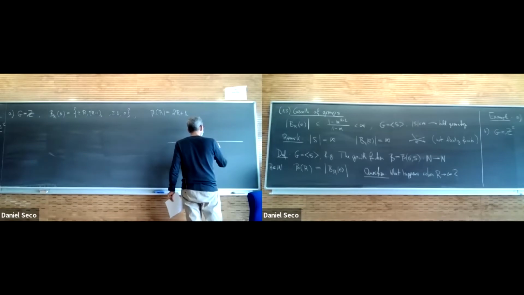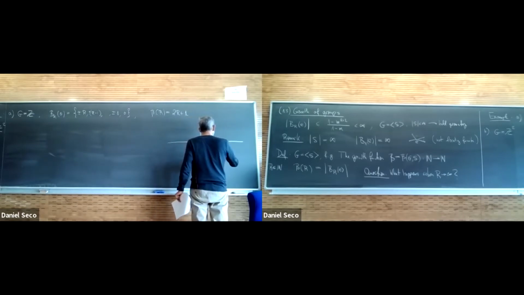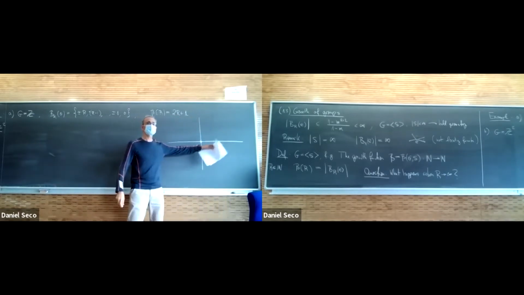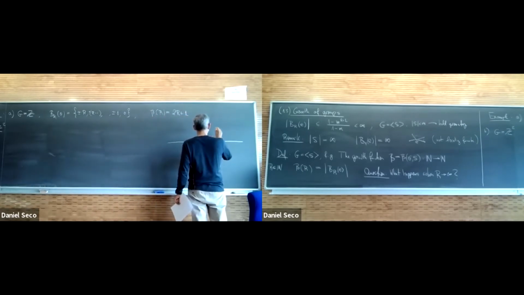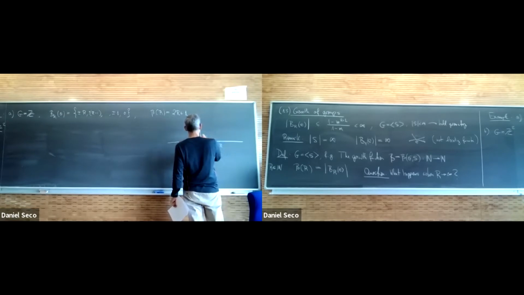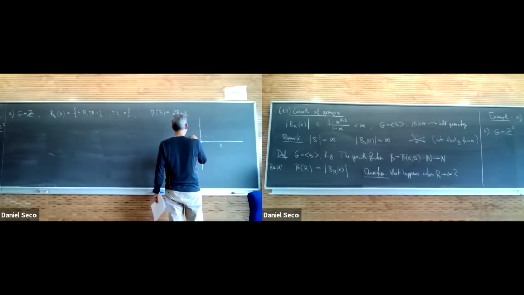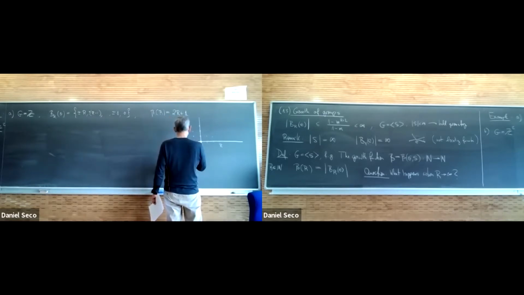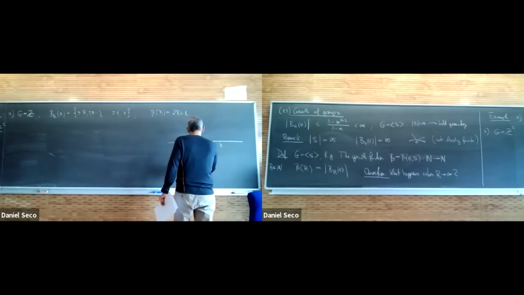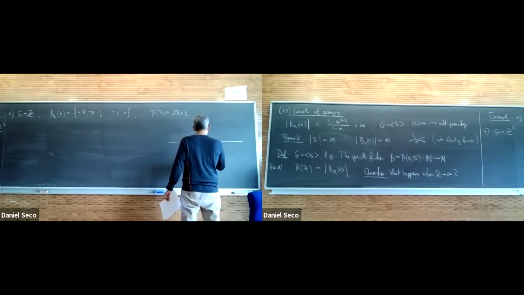And here we have this goes, it's 3, but let me think of r. Then we have this here, this here, this here. 1, 3. Okay.